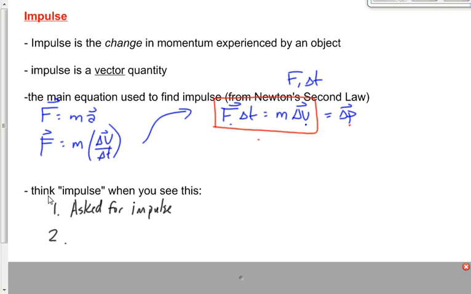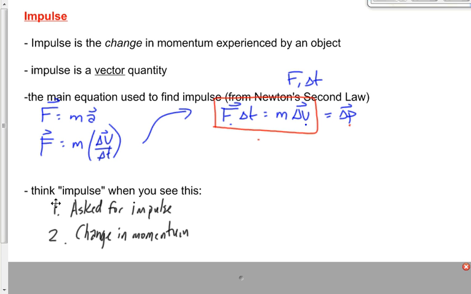The second situation is when we have a change in momentum. Maybe the question says, when the car came to a crashing stop when it hit the concrete wall, what was the change in momentum of the car?